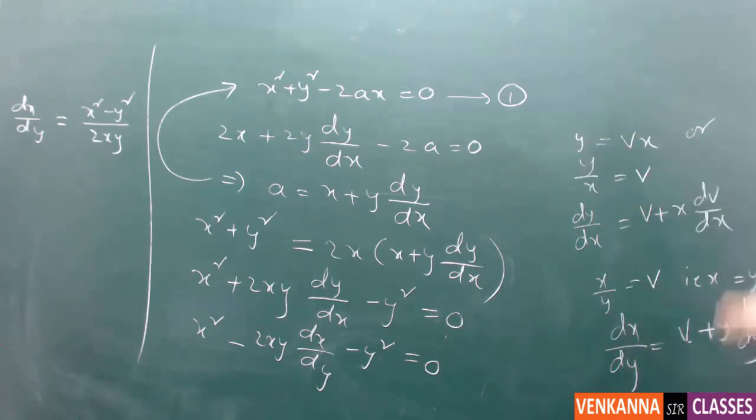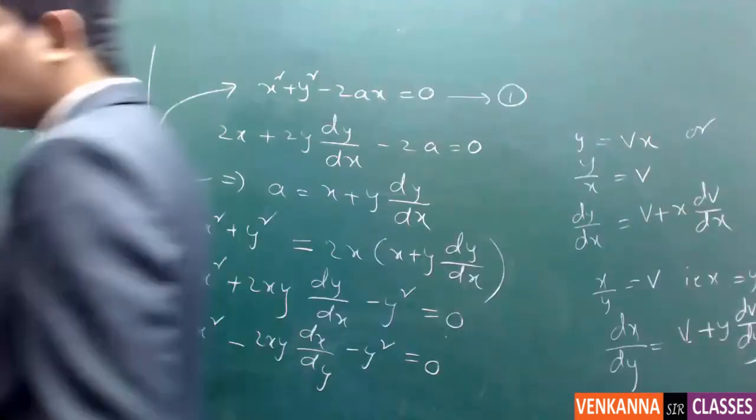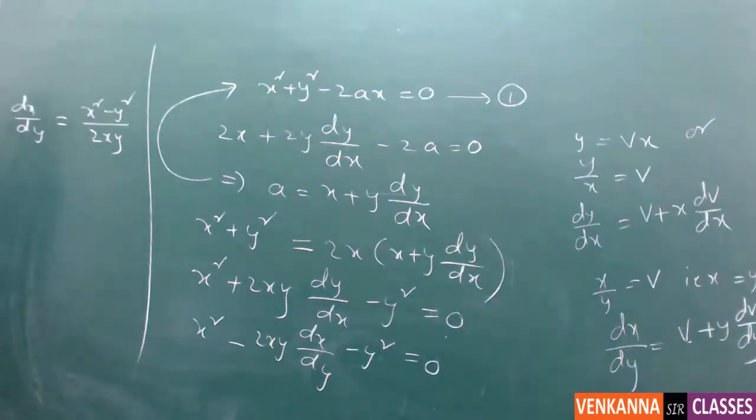Can you recollect this procedure of solving a homogeneous differential equation? Right. So here tell me which one we have to use, y by x or x by y, as far as the equation is concerned.